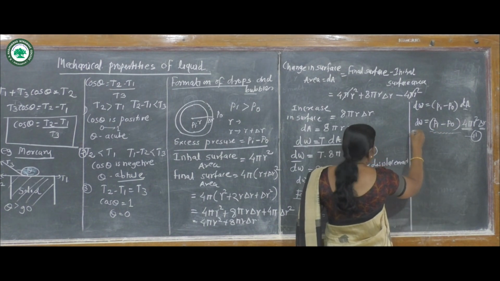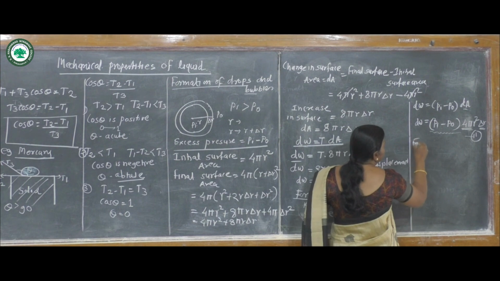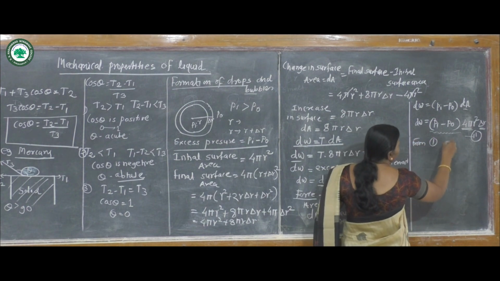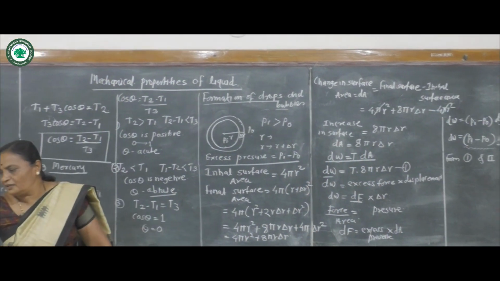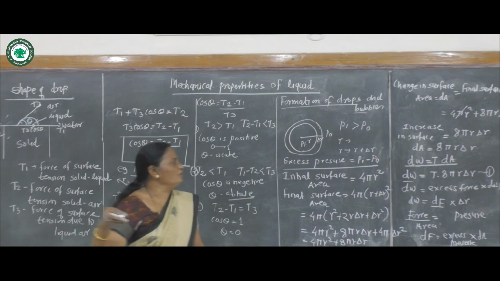Therefore, from equation 1 and 2, the left-hand side is dW on both sides.